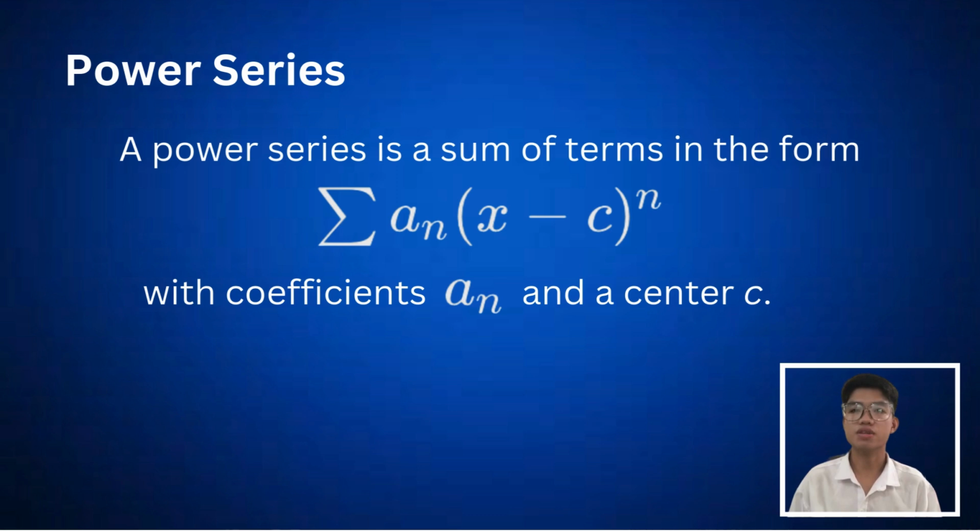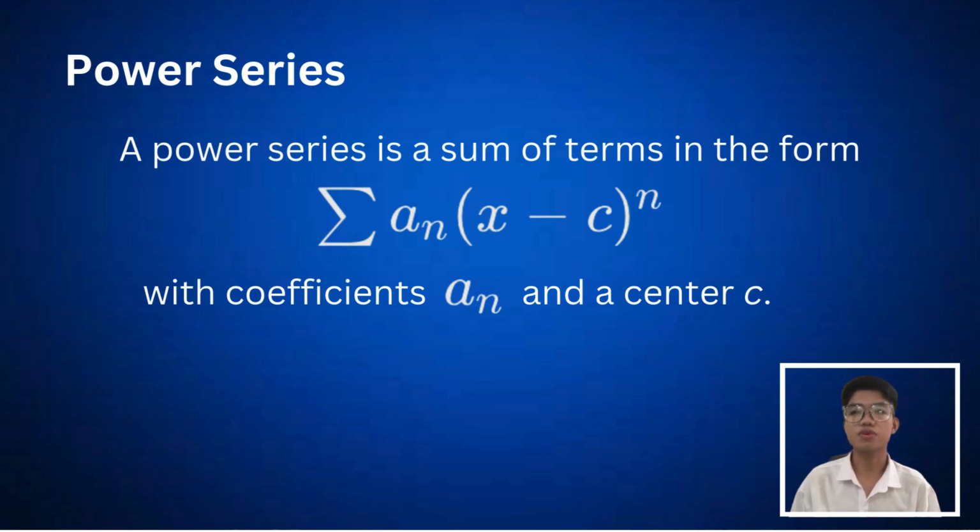A power series is an infinite sum of terms in the form f of x is equal to the summation of a sub n times the quantity of x minus c raised to n, from n equals 0 to infinity, where a sub n are the coefficients which could be constants, x is the variable, c is a constant called the center of the series, and n is the index of summation which typically starts at 0 and goes to infinity.